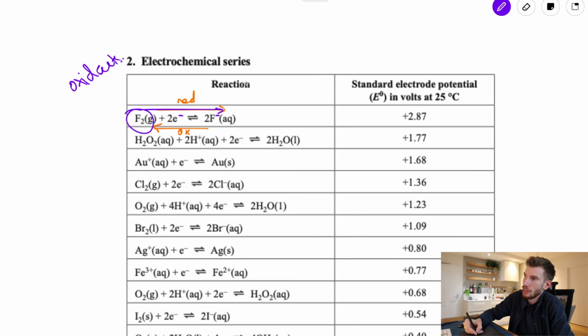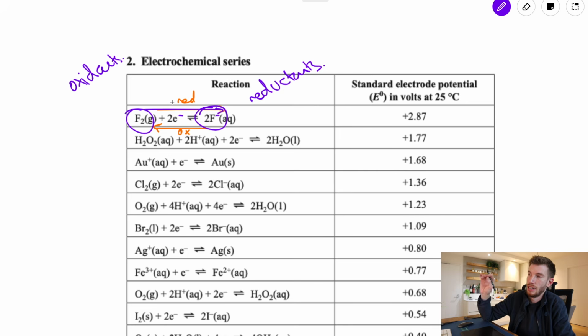Things on the right side, because they can go backwards, they can undergo oxidation and therefore cause reduction in the other species they're in contact with. So they're referred to as reductants, right? Like this. You will never see a left-hand side species referred to as a reductant because it cannot undergo oxidation itself, right? It can't go backwards further because there is nothing on that side. So we use those to refer to the left and the right.